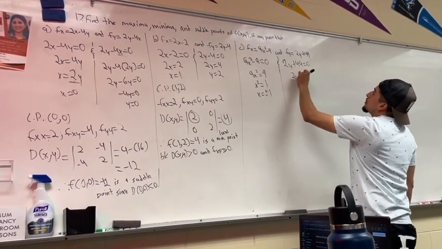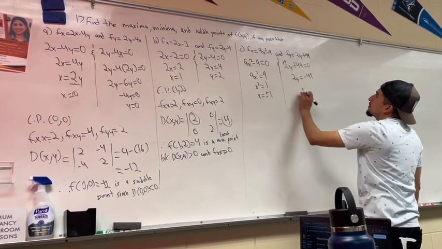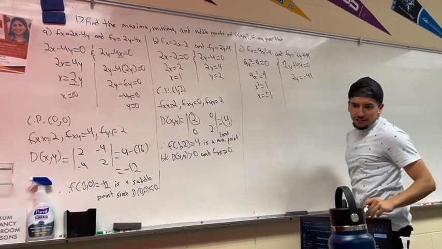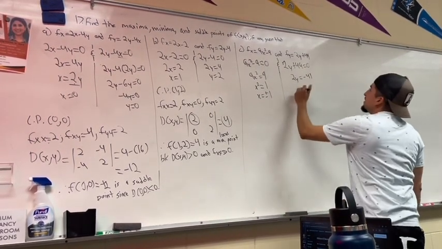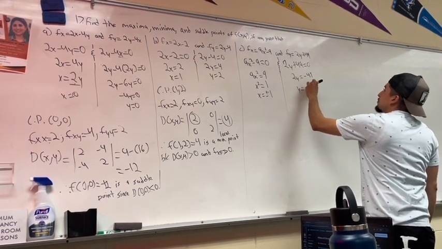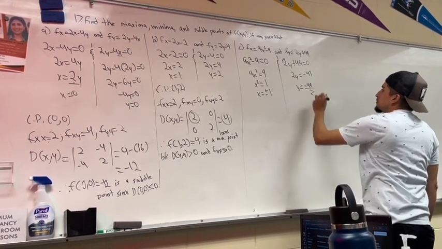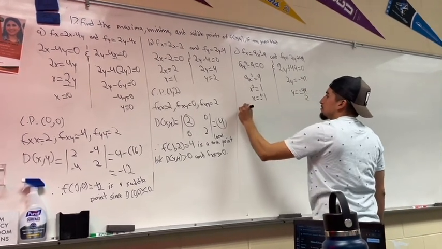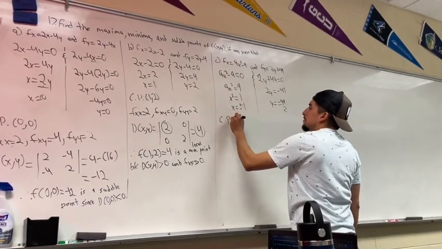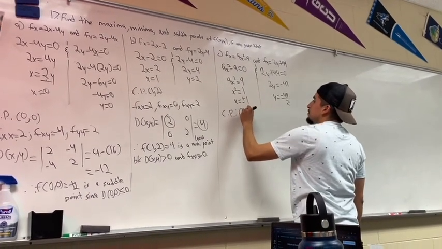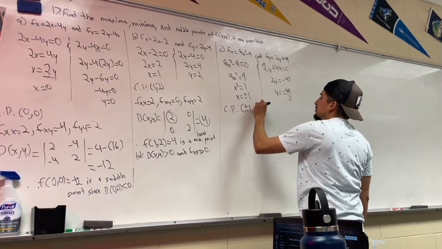We have 2y equals negative 49. So I have y equals negative 49 over 2. So our critical points would be plus or minus 1, comma, negative 49 over 2.